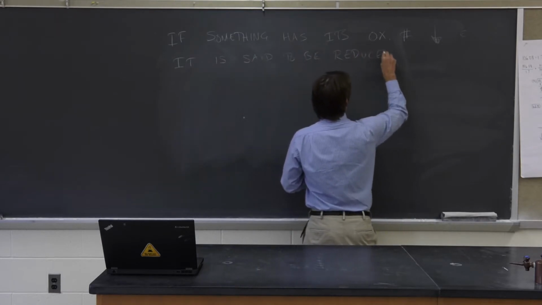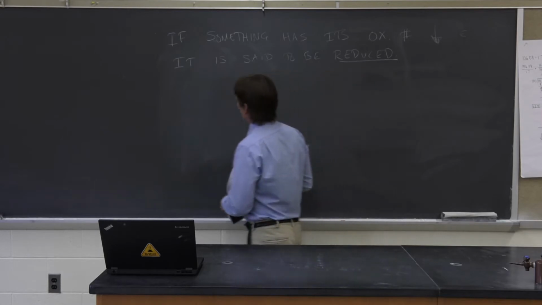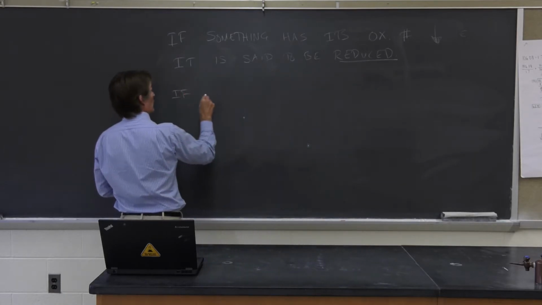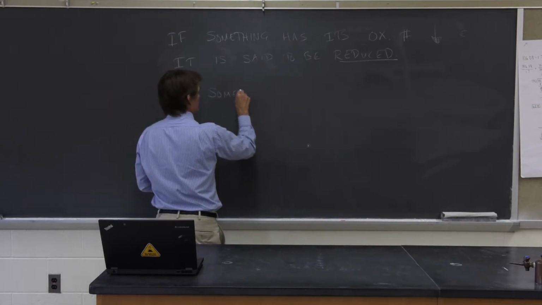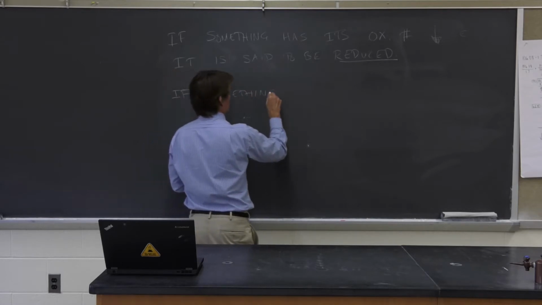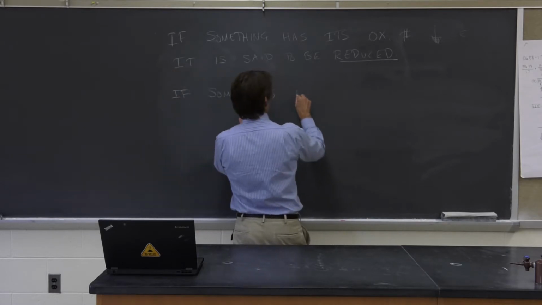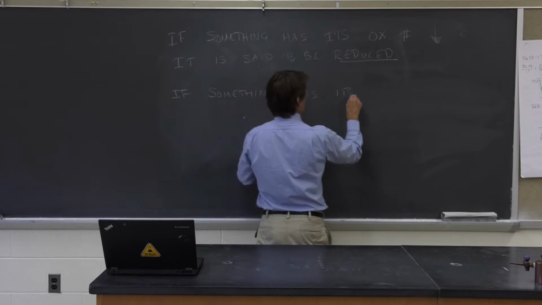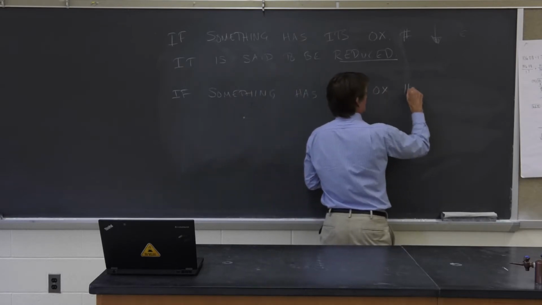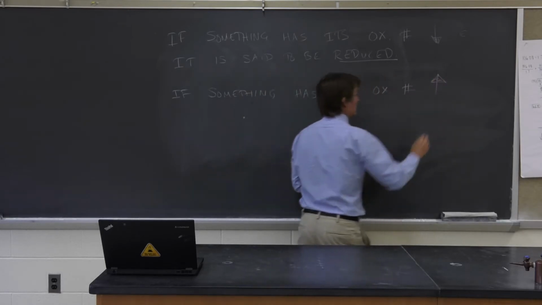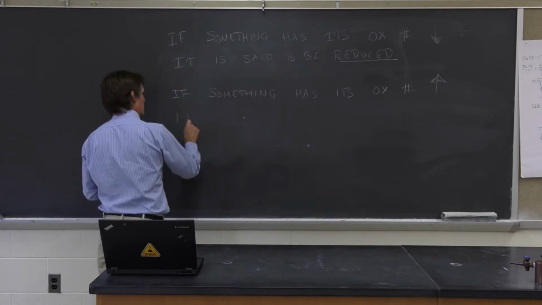And the opposite is true. If something has its oxidation number go up, then we say that that entity has been oxidized. So if something has its oxidation number go up, it is said to be oxidized.